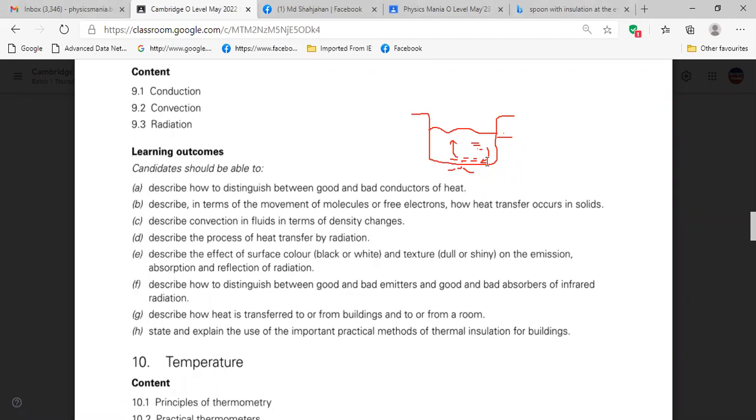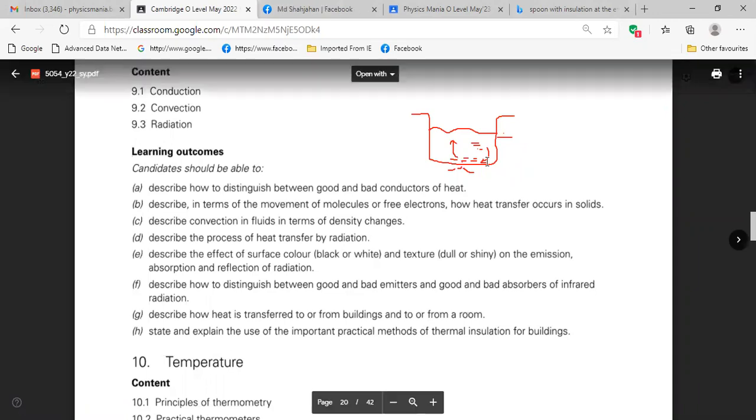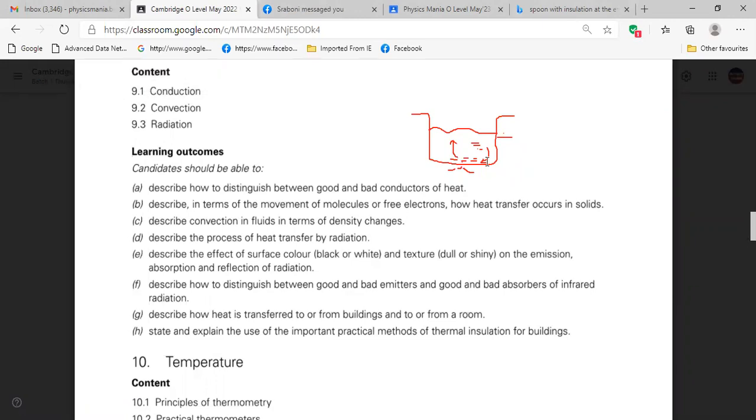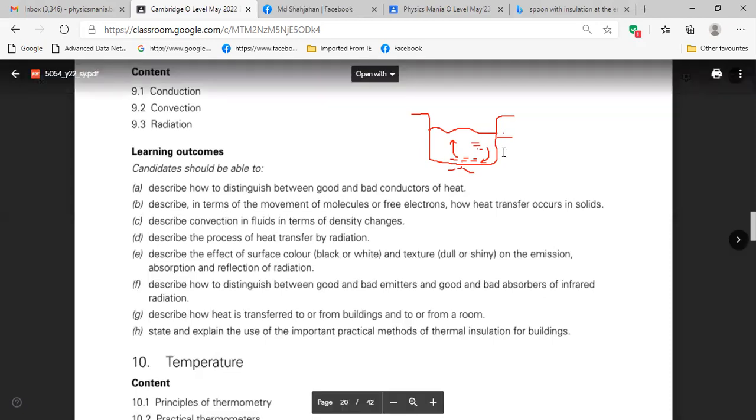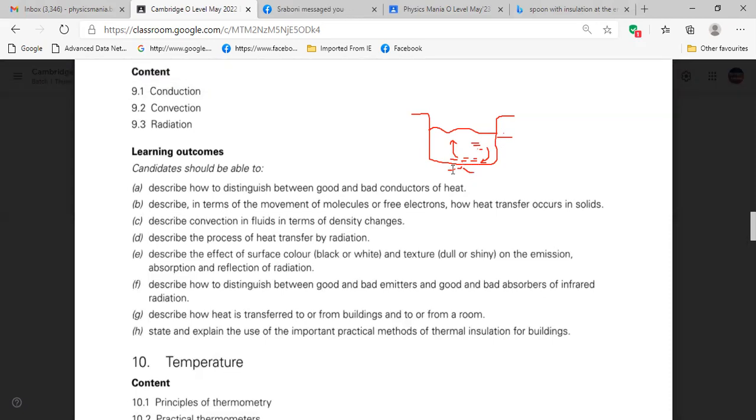The hot things will stay up and the cold things stay down. So circulation is not happening in the entire liquid. Only one part is becoming hot, right? So our condition for convection is that the heating element should be at the bottom.